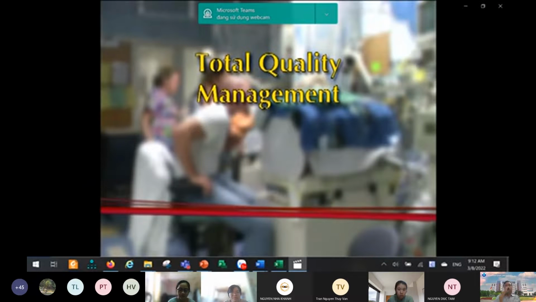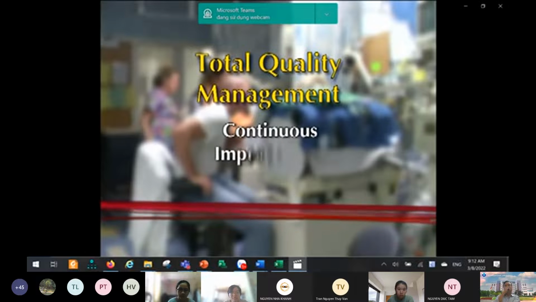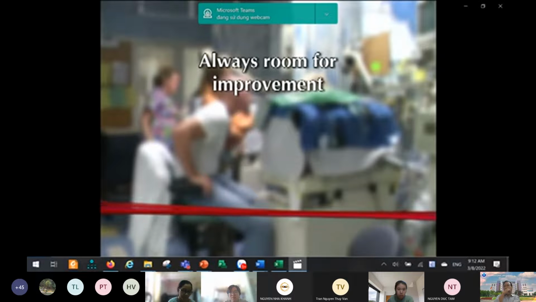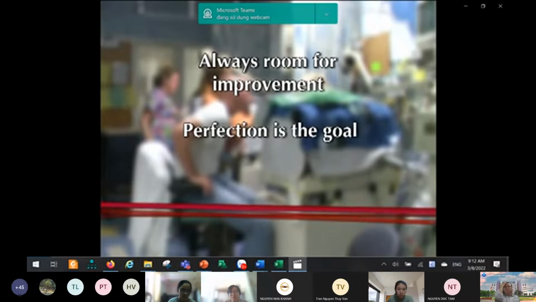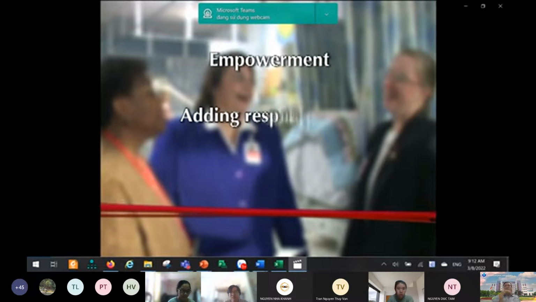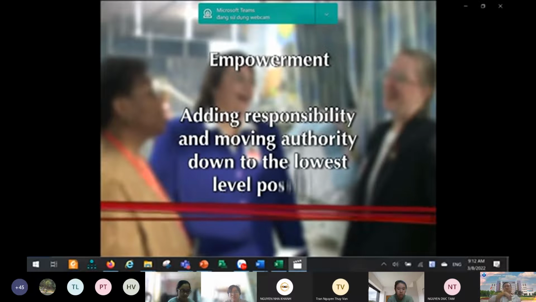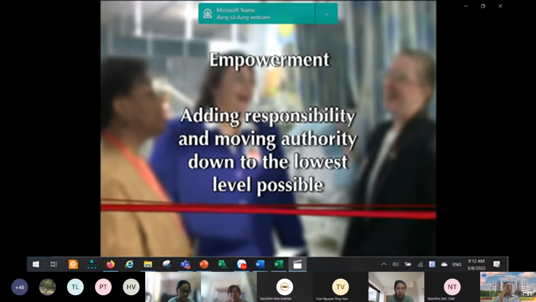When organizations focus on total quality management, they embark on a never-ending process of continuous improvement, where the belief is that there is always room for improvement and perfection is the goal. They also involve employees through empowerment, adding responsibility, and moving authority down to the lowest levels possible in an organization.